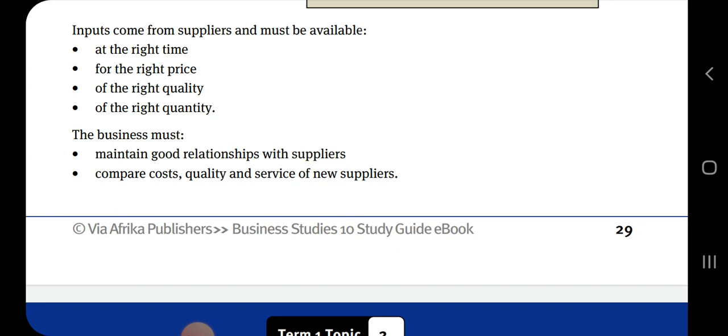When you've got quotations from different suppliers and are choosing where to buy from, choose the best time. They deliver at the best times, so you are going to get the product on time. You don't want to wait a long time with nothing to sell to your customers, still saying, I'm waiting on a supplier, waiting on a supplier.